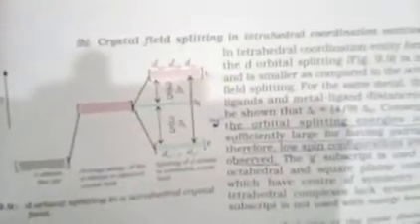For the same metal, the same ligands and metal-ligand distance, it can be shown that delta T is equal to 4/9 of delta O. Consequently, the orbital splitting energies are not sufficiently large for forcing pairing, and therefore low spin configurations are rarely observed in tetrahedral complexes.